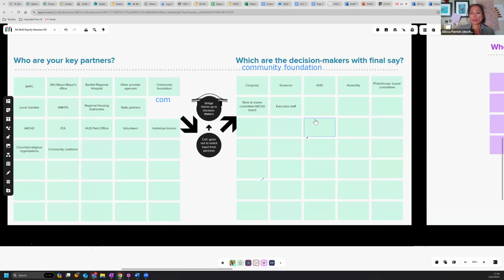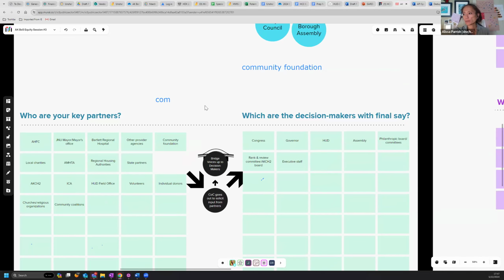Or do we feel like those voices and perspectives are missing? I would say that might be a little bit more agency specific. And maybe funding stream specific too?